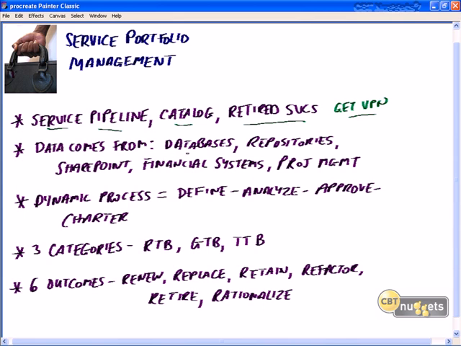It can come from databases, repositories of white papers, and research and development. It can be information stored in a repository like SharePoint. We can get it from financial systems to find out what are the most profitable services to provide our customers right now. It can come from project management, from our vendors, from partners, from customers.